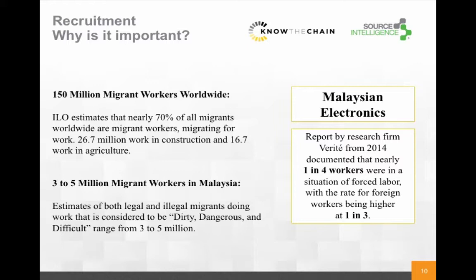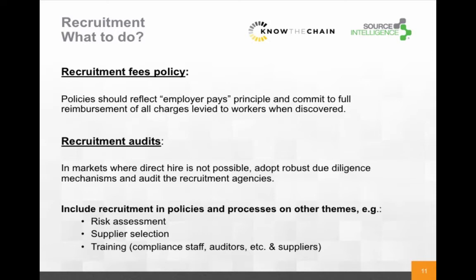There was a report put out by one of the Know the Chain partners in 2014 that documented that nearly 1 in 4 workers in the electronics sector in Malaysia were in a situation of forced labor. This rate was even higher for workers that were foreign, at about 1 in 3 workers. So what can a company do as it relates to recruitment?